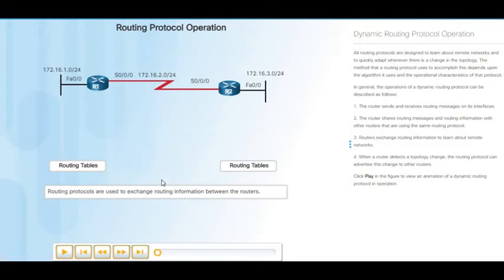Moving on with the final topics for this module, we're gonna discuss the different dynamic routing protocol operations. Here we're gonna observe how routing protocols exchange information that is saved in their routing table.